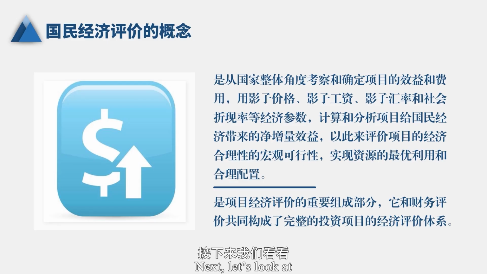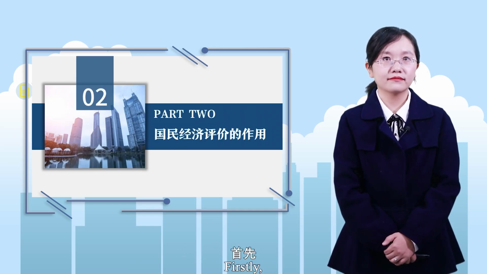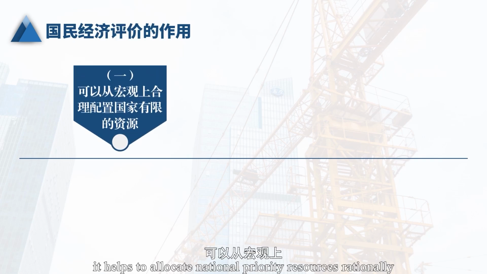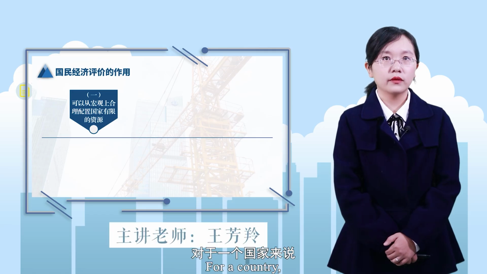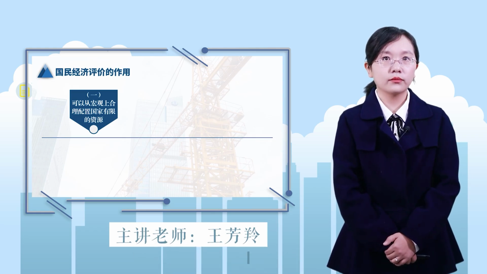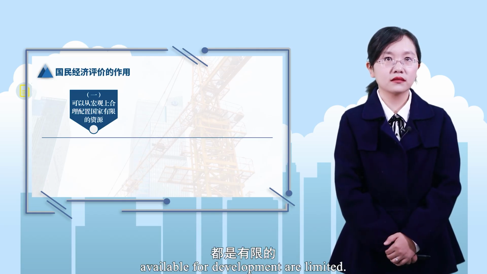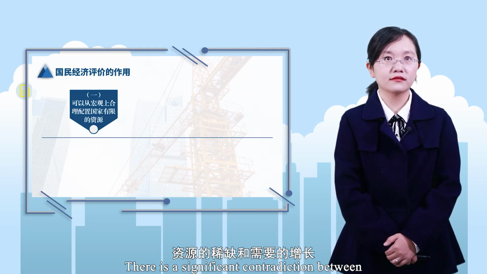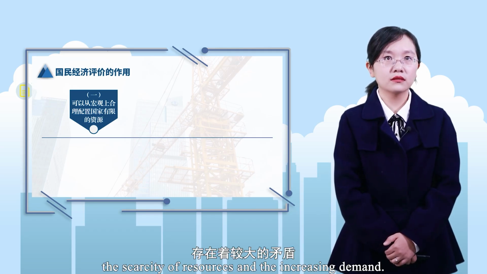Next, let's look at the role of national economic evaluation. Firstly, it helps to allocate national priority resources rationally. From a macro perspective, for a country, the resources, funds, labor, land, and other natural resources available for development are limited. There is a significant contradiction between the scarcity of resources and the increasing demand.